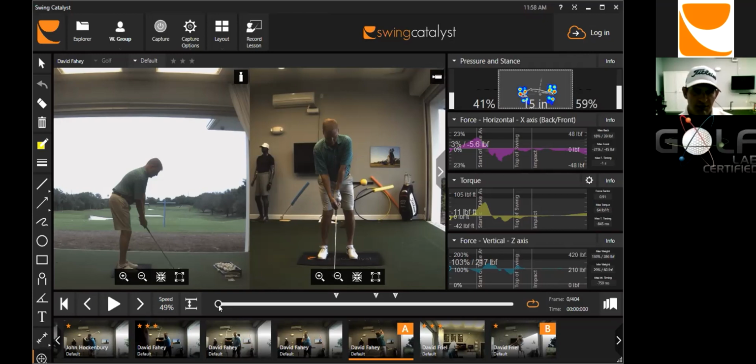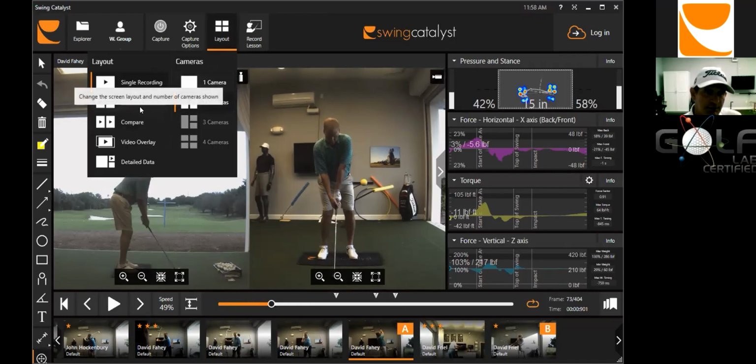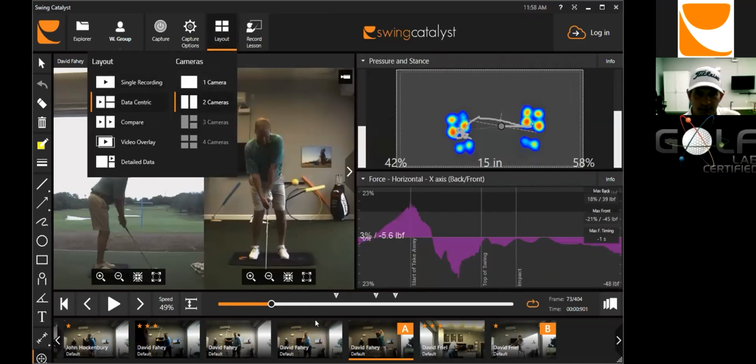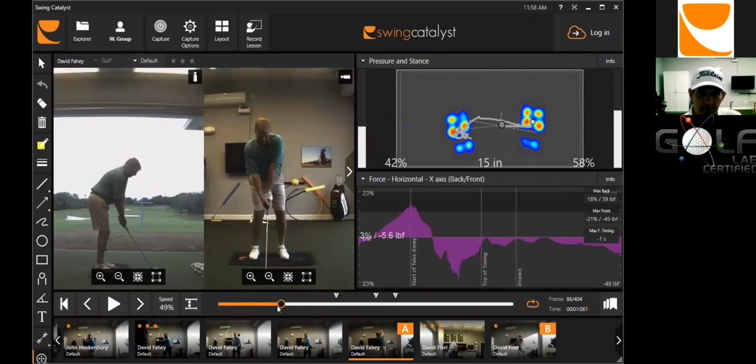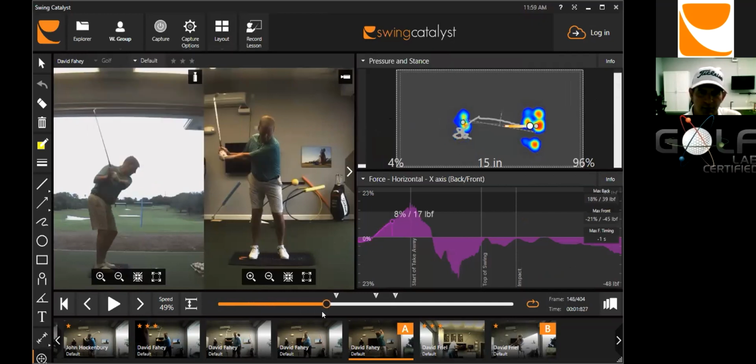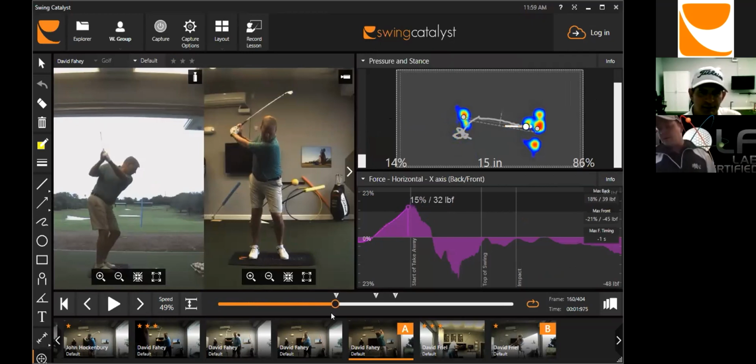And as you watch him here, loaded up quite a bit on his trail foot, even though that's his most unstable place to be. And get you a better look here. We're going to move quite a bit to the trail foot, and he will start to suffer from reverse spine tilt here.